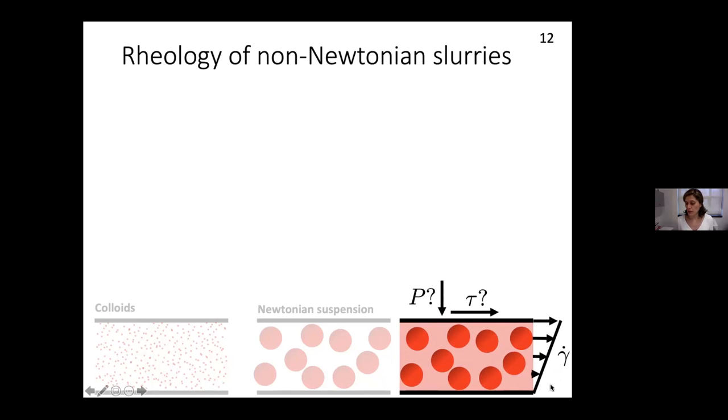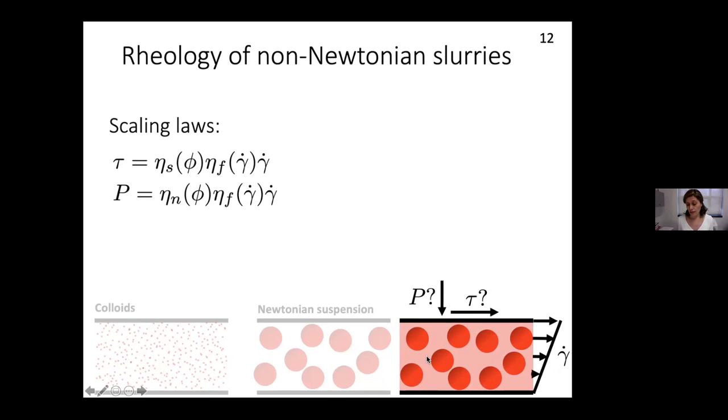what happens if I deform this material? What are the shear stresses and normal stresses, and how can I establish scaling laws here? Again, you can think about this in the absence of inertia: the only scaling is viscous scaling. So I can write down the shear stress as the viscosity of the fluid times shear rate.